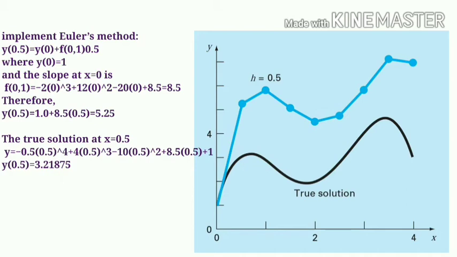So you can see in the graph there is a certain difference. On this black curve we get the true solution at 0.5, that is 3.21, and the solution from Euler's method is 5.25, that is the blue curve, and we have a number of discrete points.